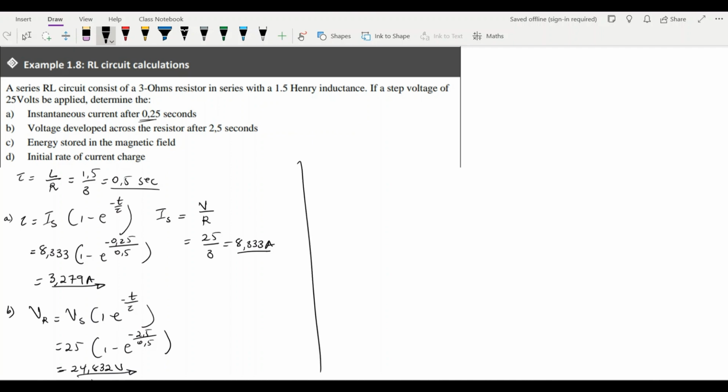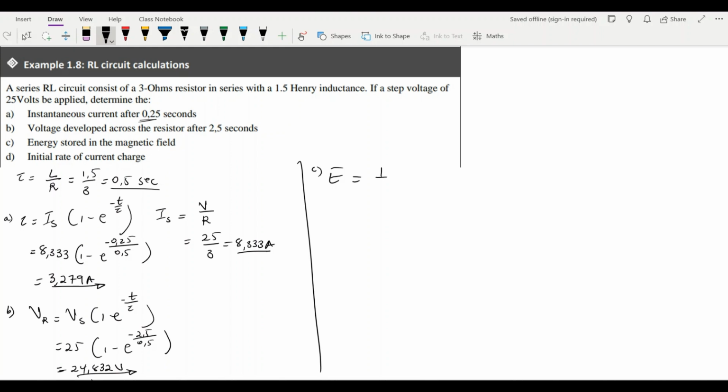Now they want us to calculate the energy stored in the magnetic field. You can use E or you can use the sign for angular, it still represents the same thing. In other equations, you'd find a W, but it's still more or less the same thing.